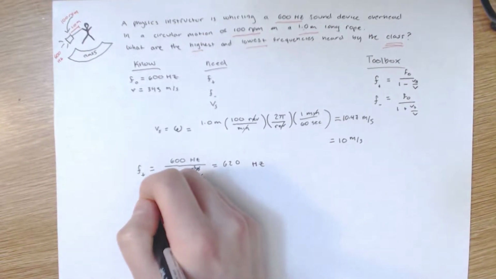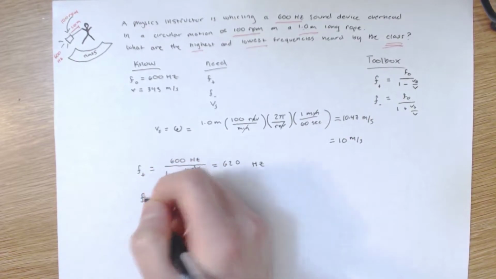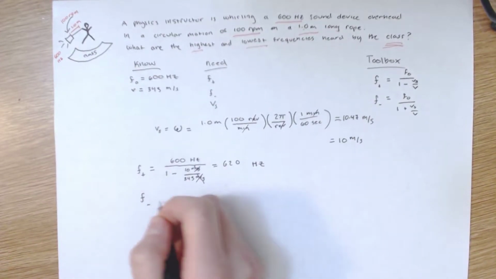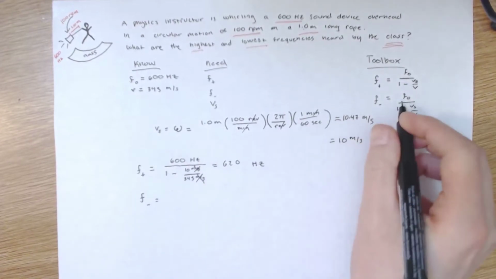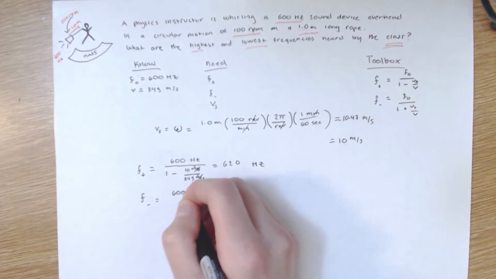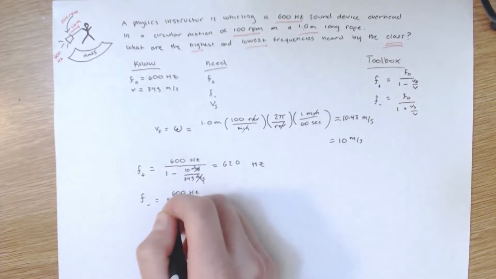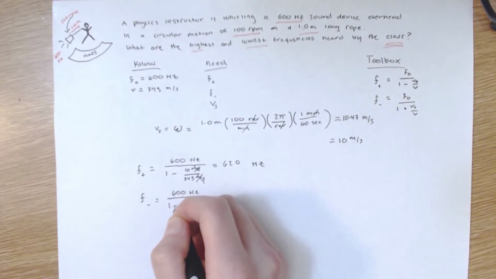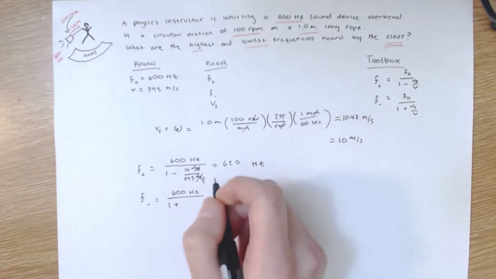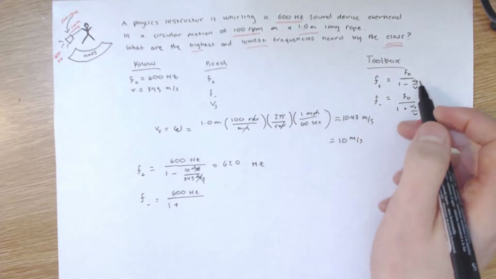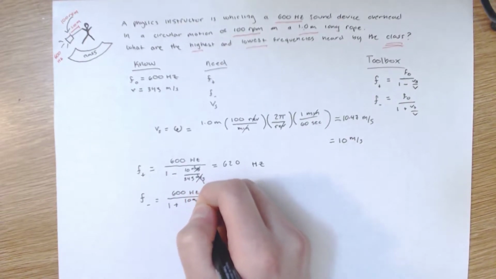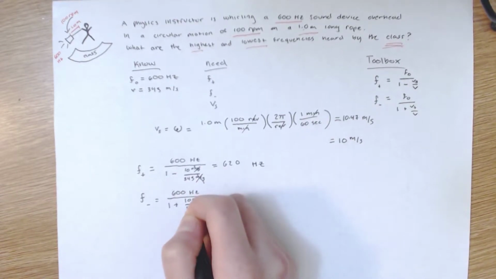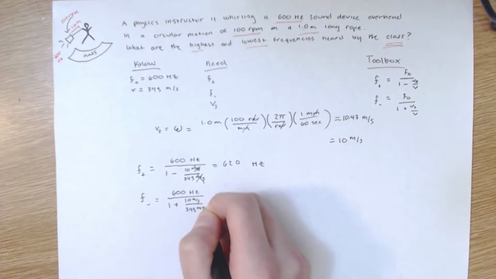Now the observed frequency as the object is receding would be this equation here. So we still have the F naught, so 600 hertz, divided by 1 plus the velocity of our device, so 10 meters per second, divided by the velocity of sound, so 343 meters per second.